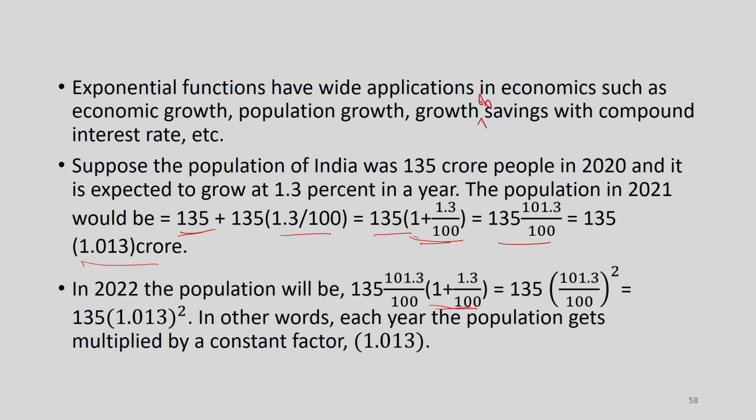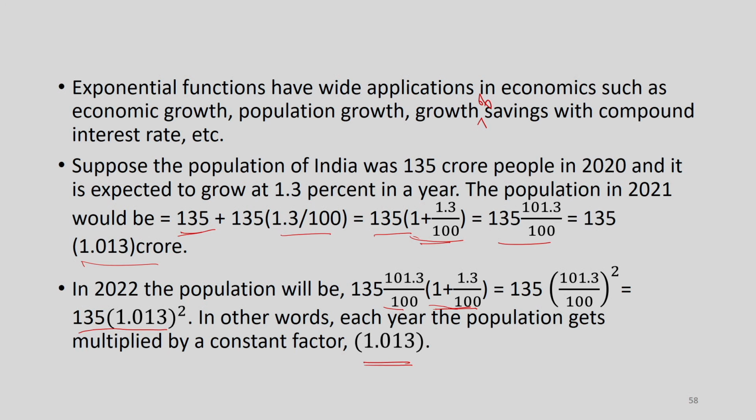So, this becomes 135 multiplied by this and this, which are exactly the same, so you have 135 multiplied by 101.3 divided by 100 whole square, and this can be written as 135 multiplied by 1.013 square. In other words, each year the population gets multiplied by a constant factor, which is 1.013. So, this is the important thing.